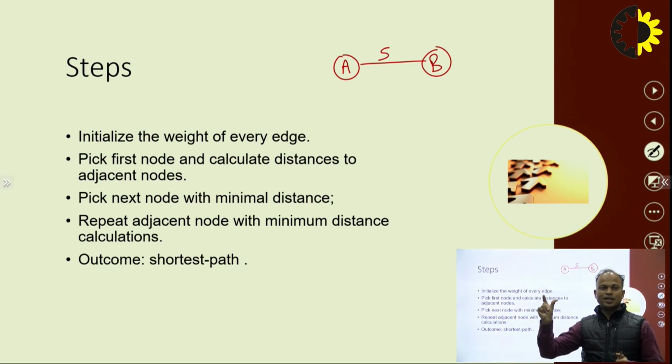This is the weight. So first of all, the graph is given, and after forming the graph, we need to set the weights from A to B, B to C, C to D, like that. After setting the weights, the next step is to pick the first node. This is the source, basically the first node is our source.